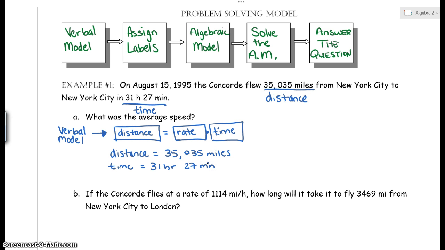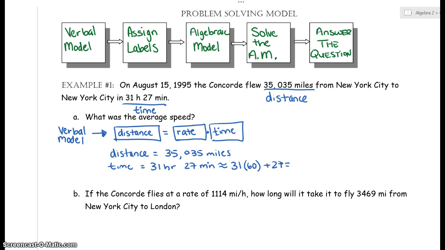So I'm actually going to change that to how many miles we travel a minute. So I'm going to convert the hours, 31 hours, to minutes by multiplying by 60, because 1 hour has 60 minutes. And I'm going to add the 27 minutes just so that I don't forget it.